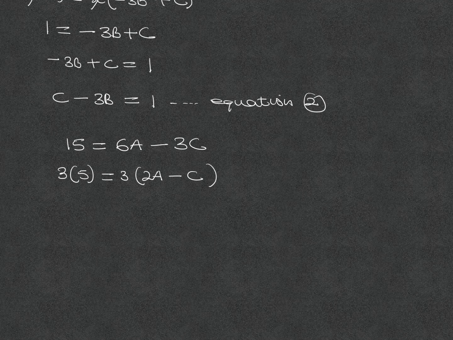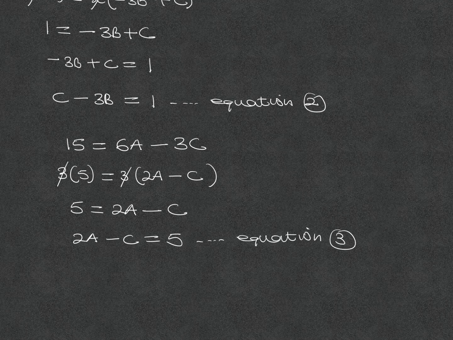Yeah, the factorization is correct because 3 times 2 is 6, 3 times c is 3c, and 3 times 5 is 15. So with this, 3 can cancel 3. Then we have 5 is equal to 2a minus c. That is, we can say 2a minus c is equal to 5. All right. So this can be equation 3. So what we need to do, we'll substitute to be able to find a, b, and c.